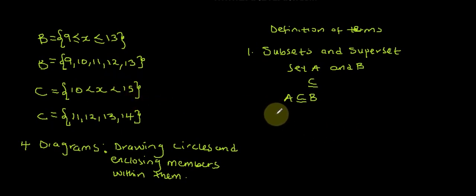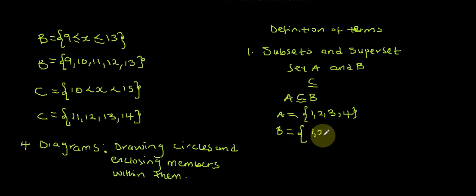If we have set A to be equal to 1, 2, 3, and 4, and set B to be equal to 1, 2, 3, 4, 5, and so on. Now we can say that A is a subset of B, because if you look at the elements of A, you can find them in B. So it's just like it's inside.